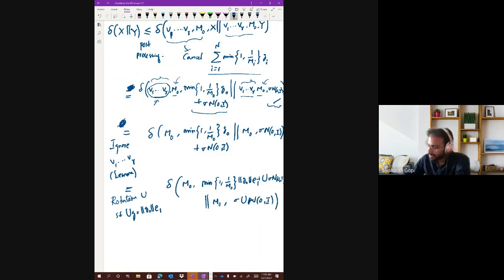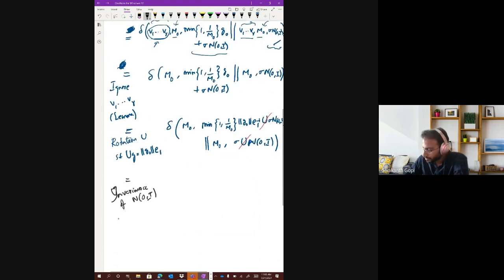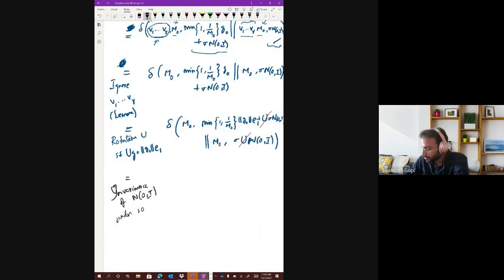I can cancel the U, not really canceling, but what I'm saying is that because of the invariance of the Gaussian N0i under rotation, U times N0i also has the distribution of N0i again.